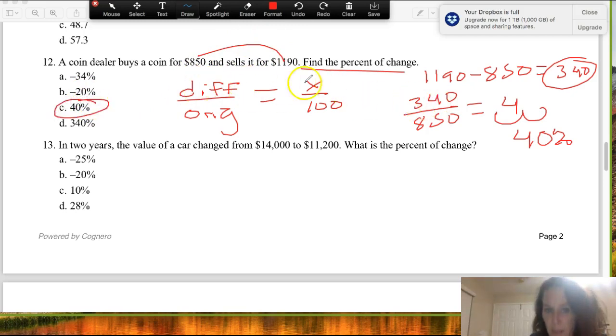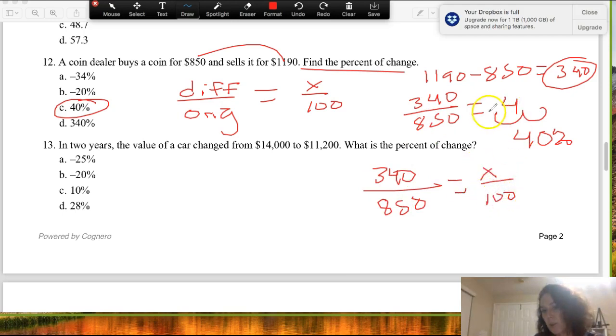Now, if you wanted to set up the proportion, you would go the difference, which was 340, over the original 850 would be your percent proportion, X over 100. And this over 100 is what moves your decimal over 2 places. So if I multiply this, I would get 340 and then 2 more zeros because I multiplied by 100. And then 850 times X would be 850X.